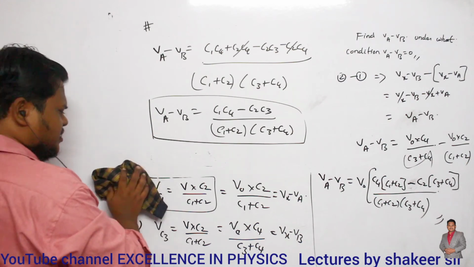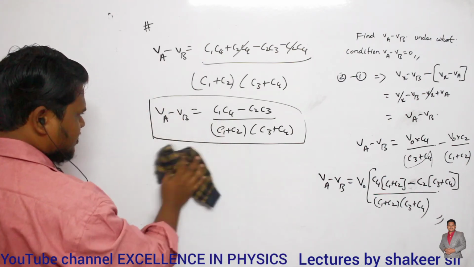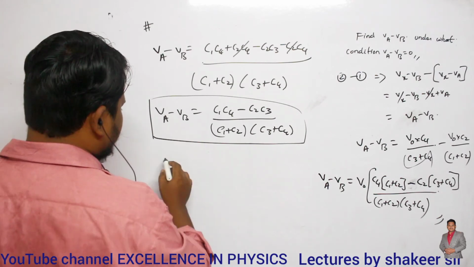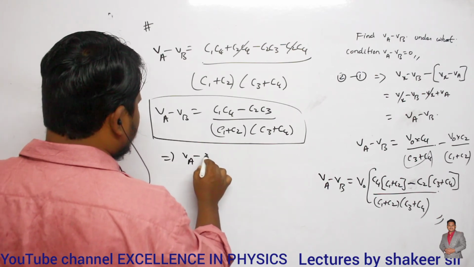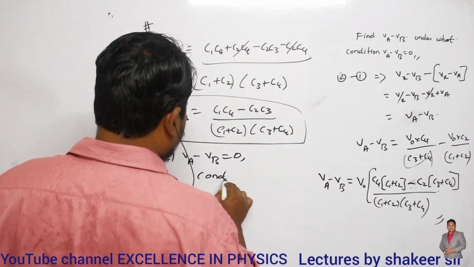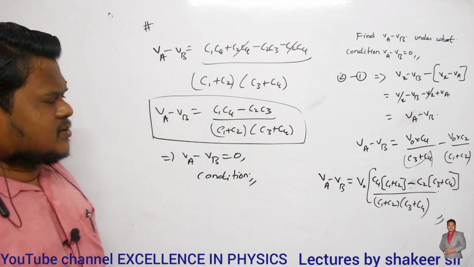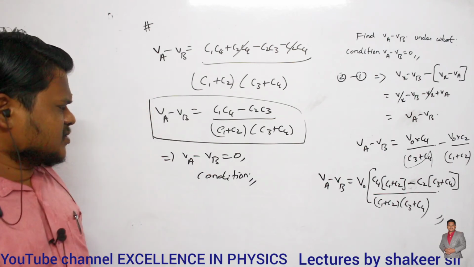Then he is asking one more question also. What is the second question he is asking? The second question is: if VA minus VB should become 0, then what is the condition? Can you say what that condition is?